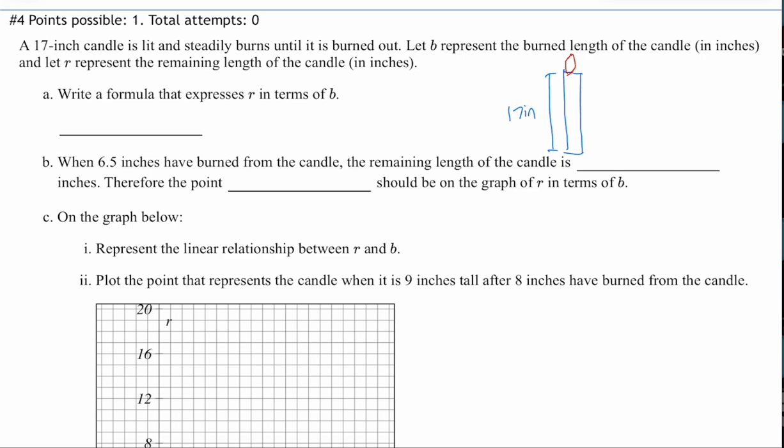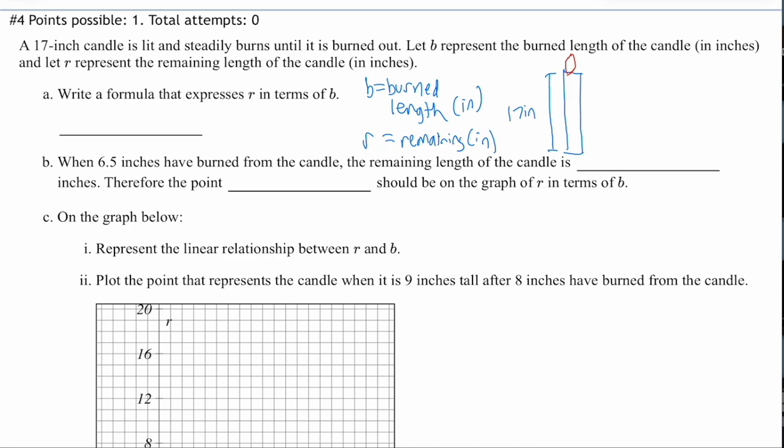Now, B is going to be the burned length in inches. And R is going to be the remaining length in inches.